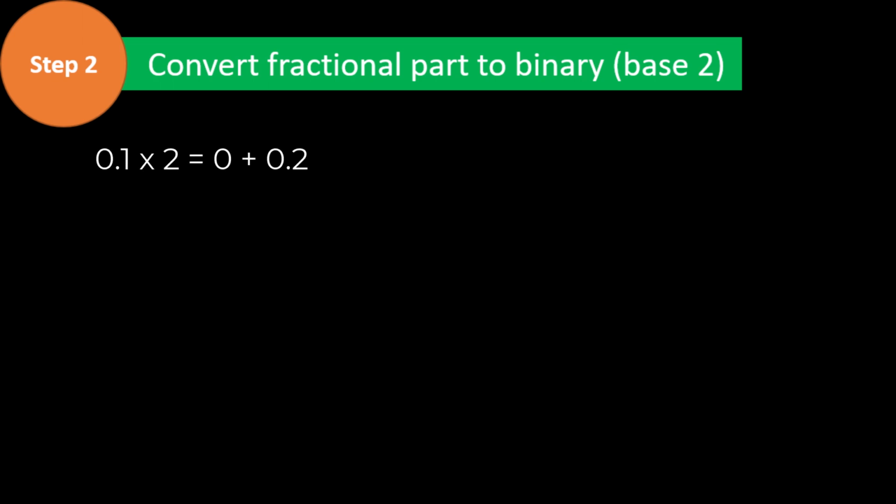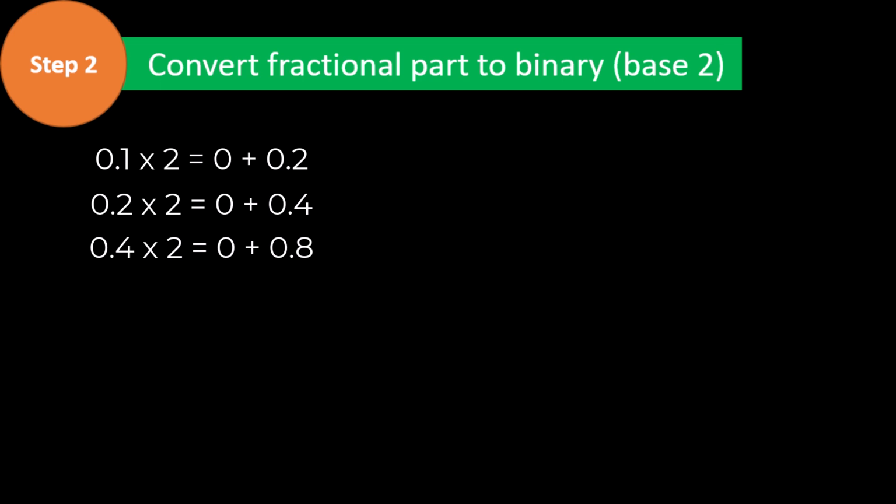0.1 times 2 makes 0.2. We write it as 0 plus 0.2 because we use fraction parts for multiplication. We take 0.2 and multiply it by 2, that makes 0 plus 0.4. Multiply 0.4 by 2, that makes 0 plus 0.8.